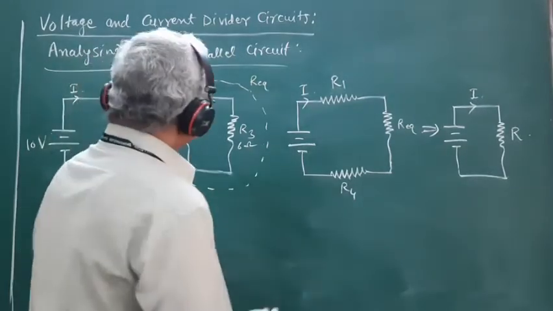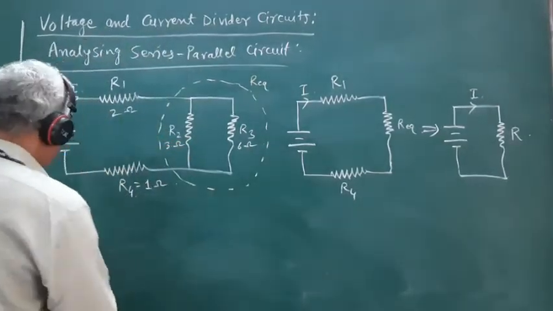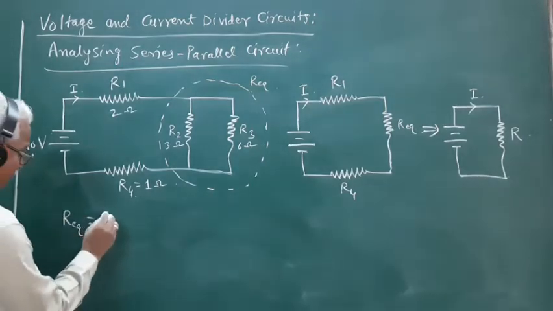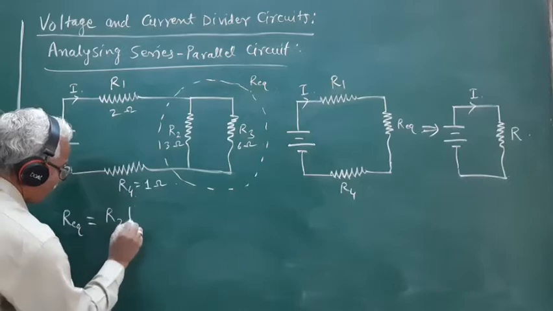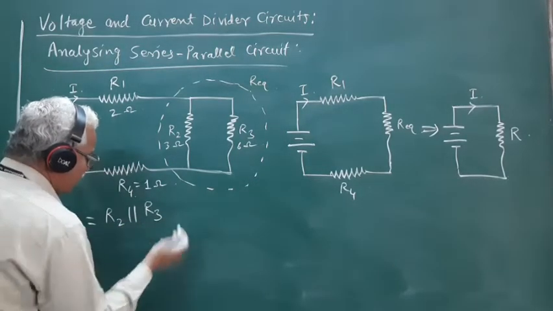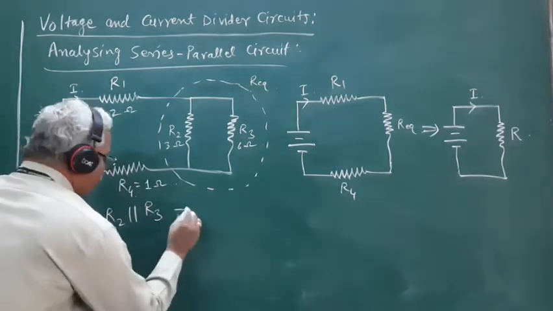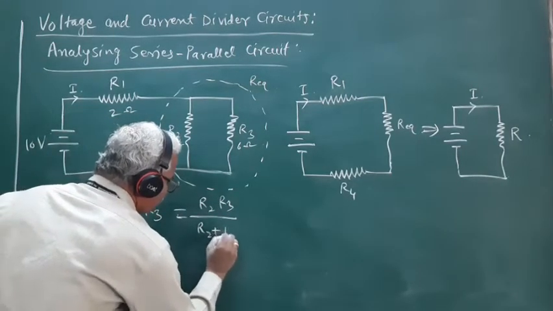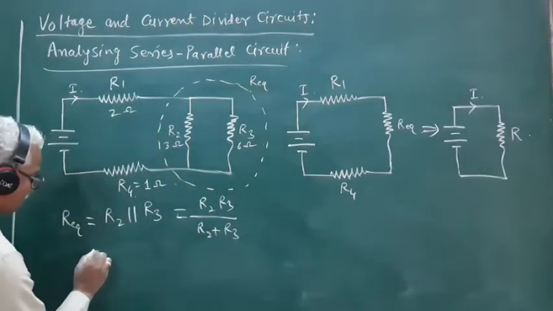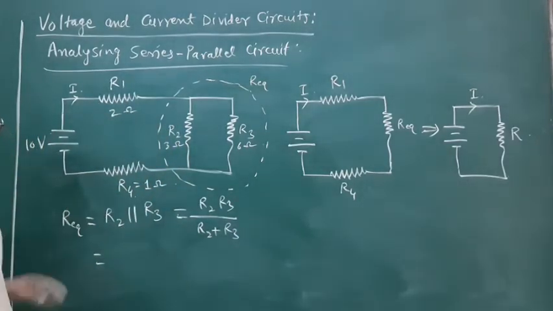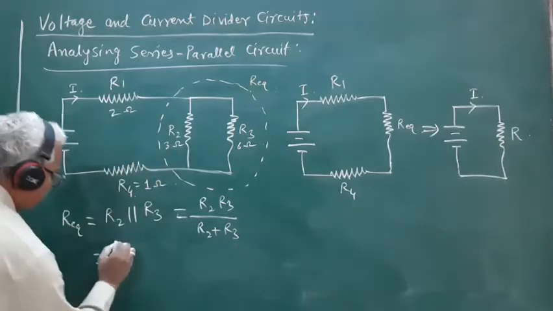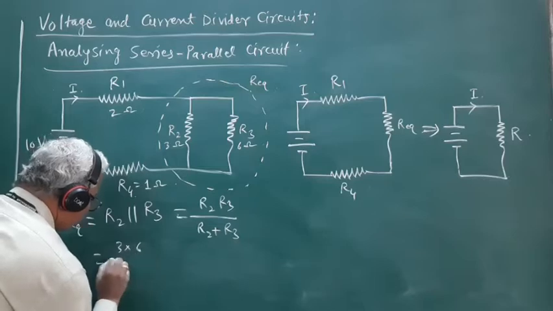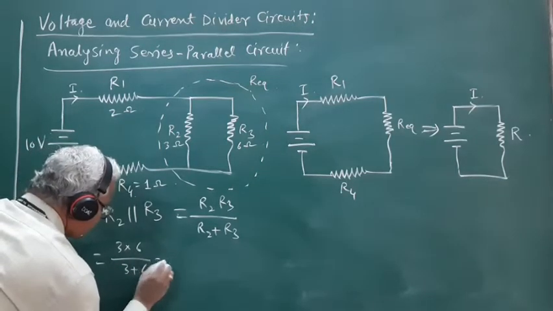So, R equivalent is the equivalent resistance of the parallel combination of R2 and R3, and this is equal to R2 R3 upon R2 plus R3. So this is equal to 3 ohm times 6 ohm divided by 3 plus 6.